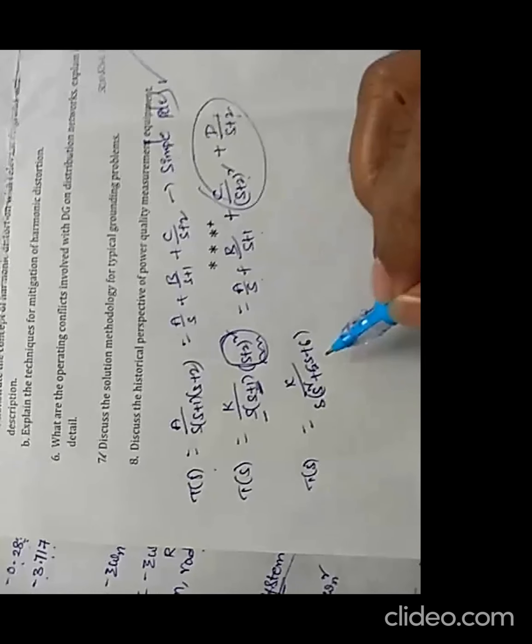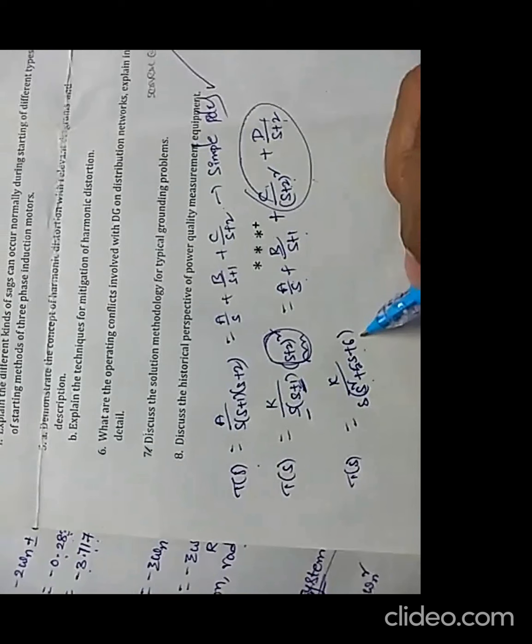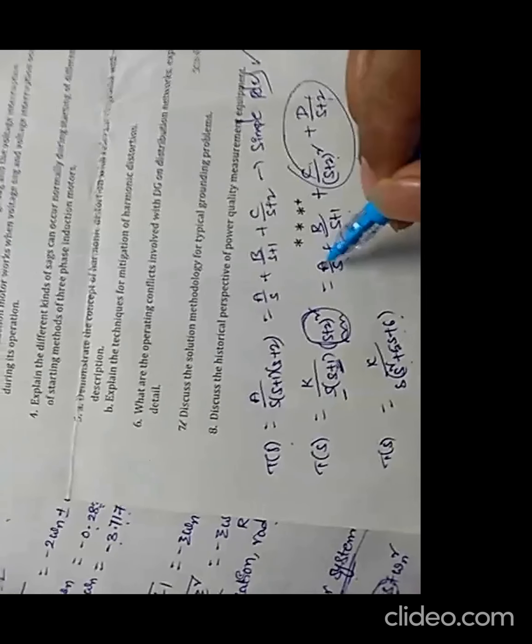For the given transfer function, K by S square plus 5S plus 6 into S, actually this is the given transfer function. Here S square plus 5S plus 6. Is it possible to convert it into something like S plus 2 whole square? The roots may be complex.